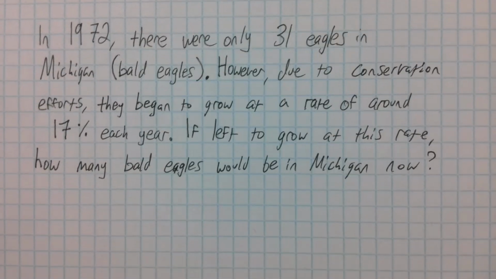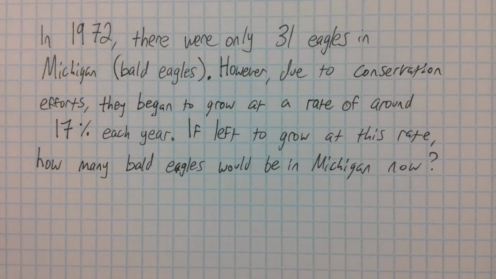So here's the situation, and you don't need to copy this down, but I do want you to try it in your own notes. In 1972, there were only 31 bald eagles in Michigan. This is a true fact. However, due to conservation efforts, they began to grow at a rate of around 17% every year.